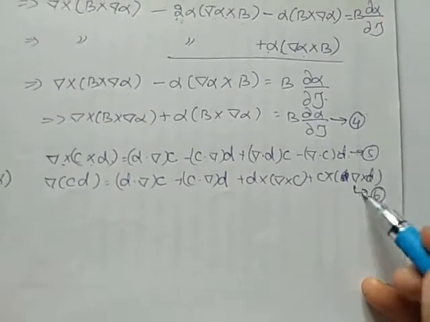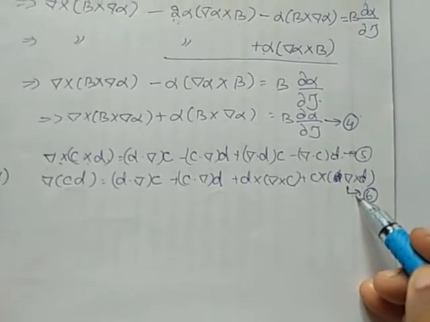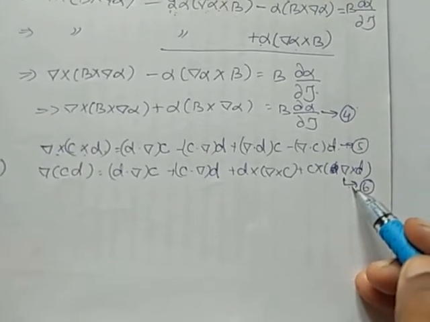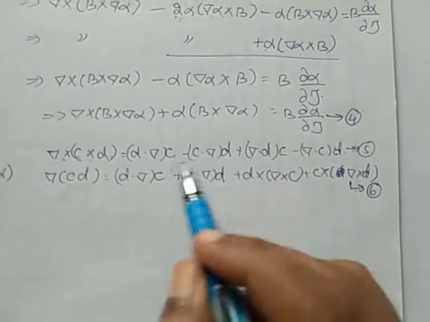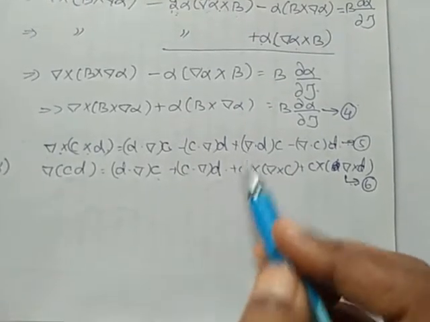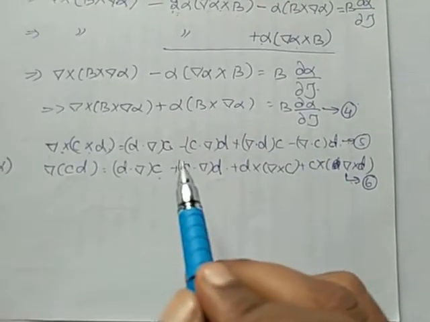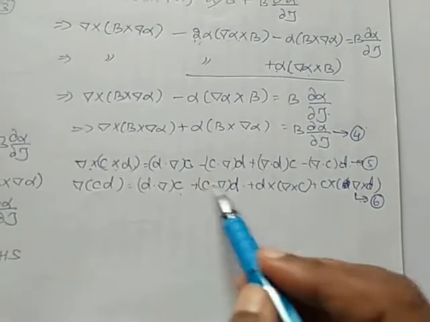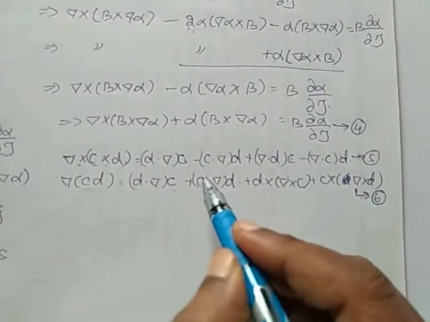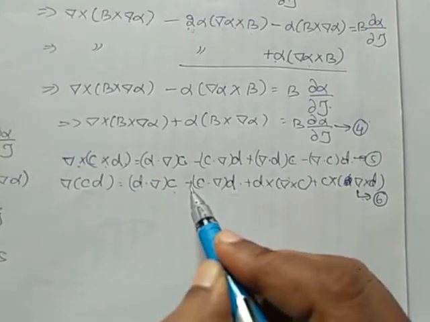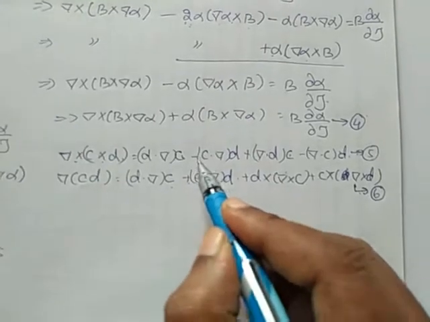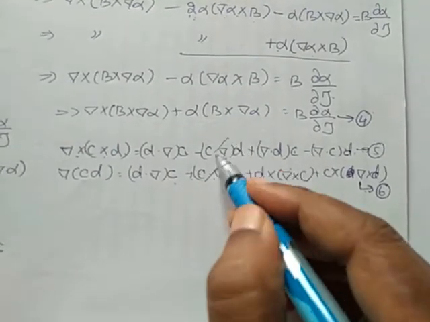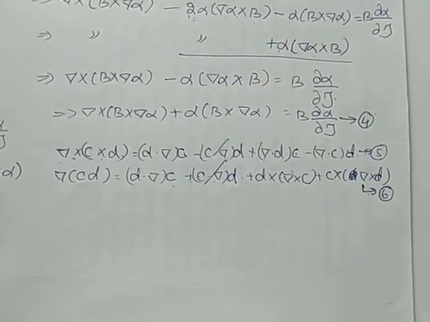If we add these two equations, few terms will get cancelled, right? I am going to add these two equations. So if I add equation 5 and 6, C dot del D and minus C dot del D will get cancelled. Remaining all other terms remain as it is.